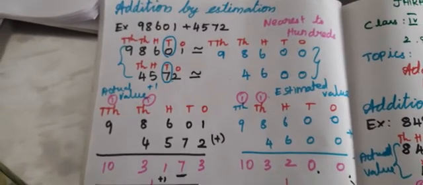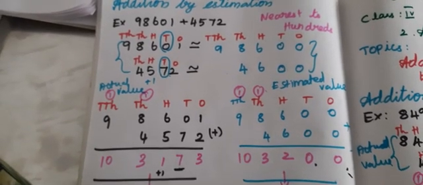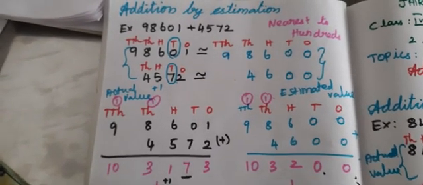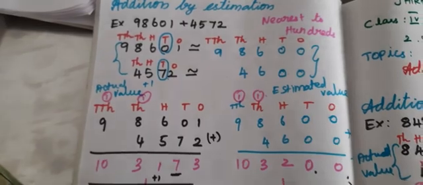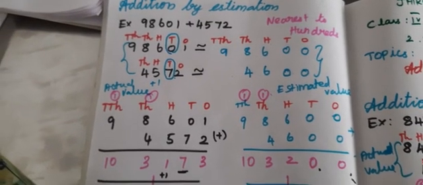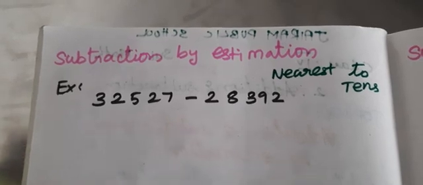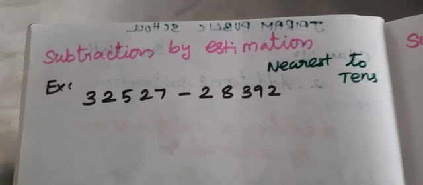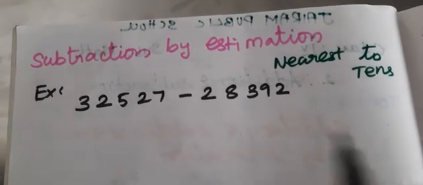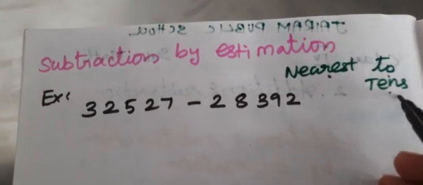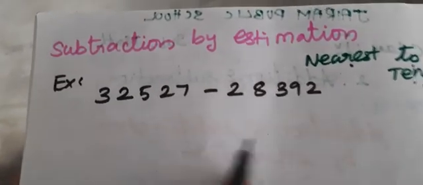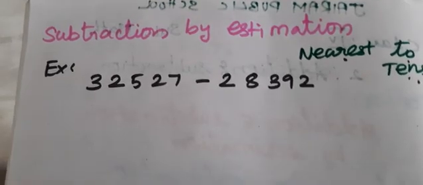Next we move to the subtraction by estimation. There also we have to apply the nearest to tens and hundreds concept. Listen here. Next one is subtraction by estimation, nearest to tens. See here, this is a question.